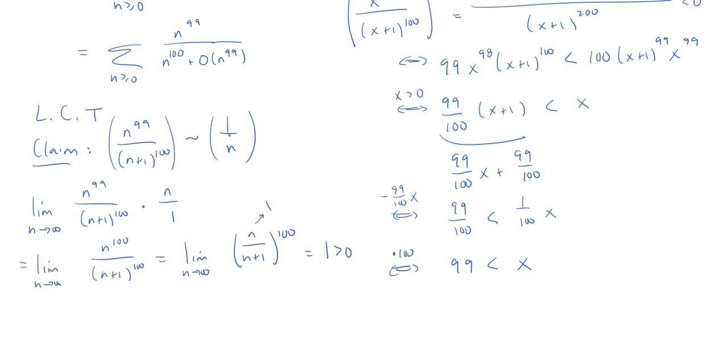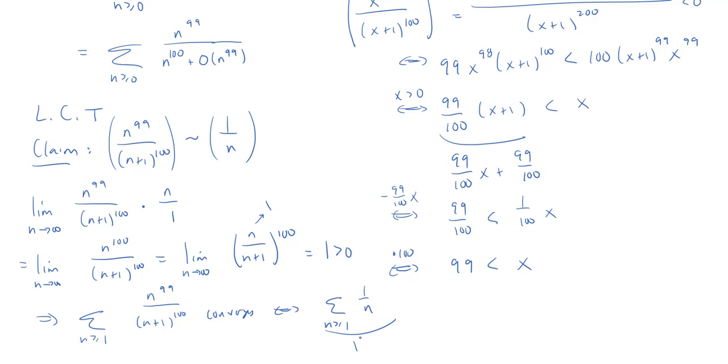All right, since these are asymptotically equivalent, this implies that the original series, n to the 99th over n plus 1 to the 100th, converges if and only if the series, well, okay, now there's this little issue when we try to evaluate n at 0. So why don't we just start it at 1? Okay, we can start it at 1, and we know that that's not going to change whether or not our series converges or diverges. So we'll put an n greater than or equal to 1 here, and then we have a 1 over n.